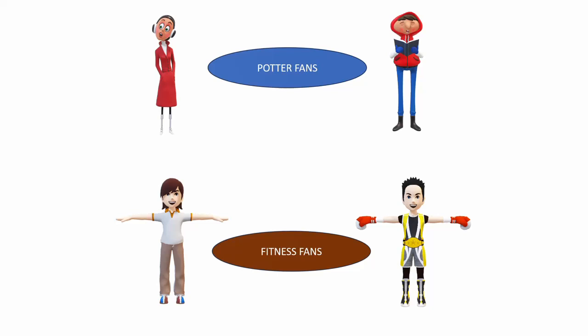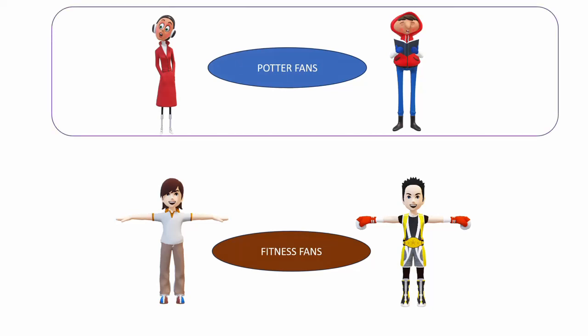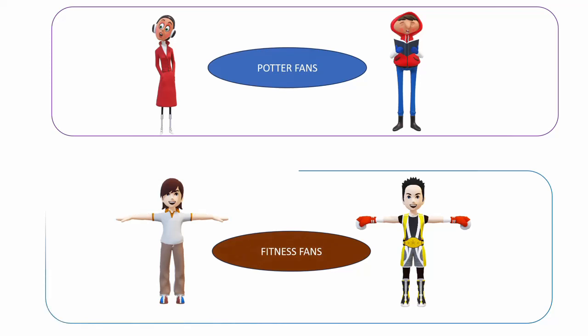Now, let us assume that all these 4 characters are checking into a resort, and our challenge is, how do we isolate the Potter fans from the fitness fans so that they do not bother each other?